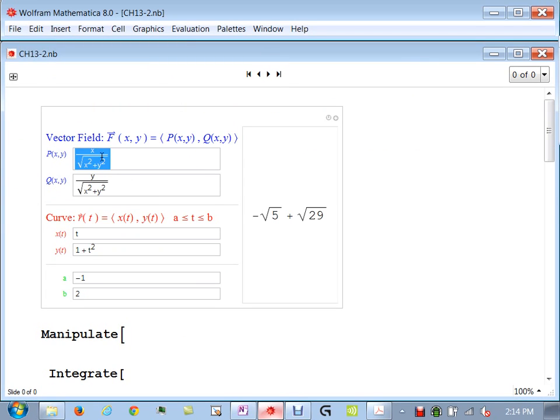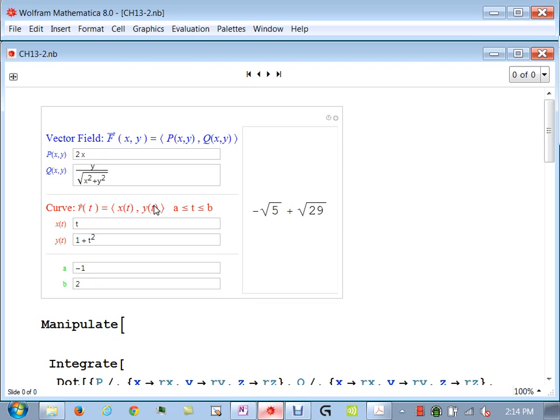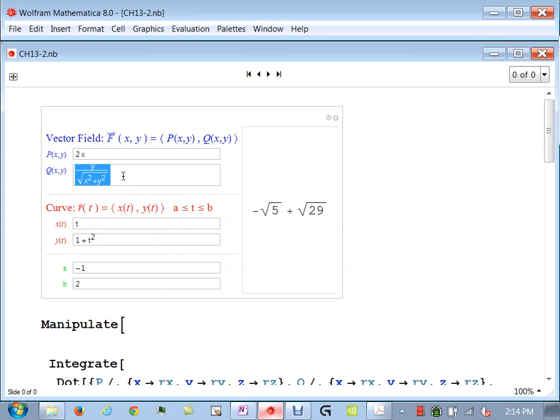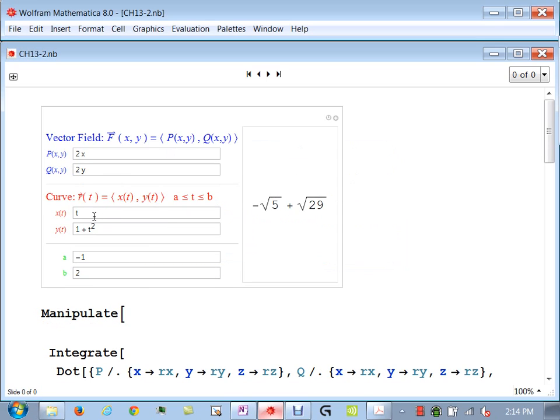Watch, let's just check our work. If I were going to check it with this little calculator that I had, I would use, for my vector field, what was my vector field? What was the gradient of that thing? 2x, and then the other one would have been 2y. What would the parametric curve be? Well, that was given, right?